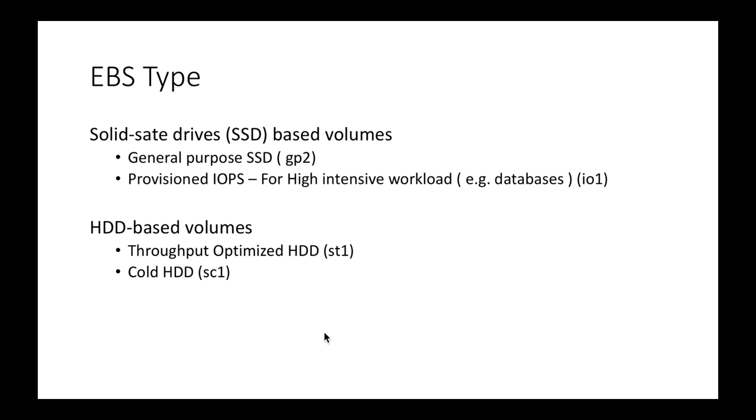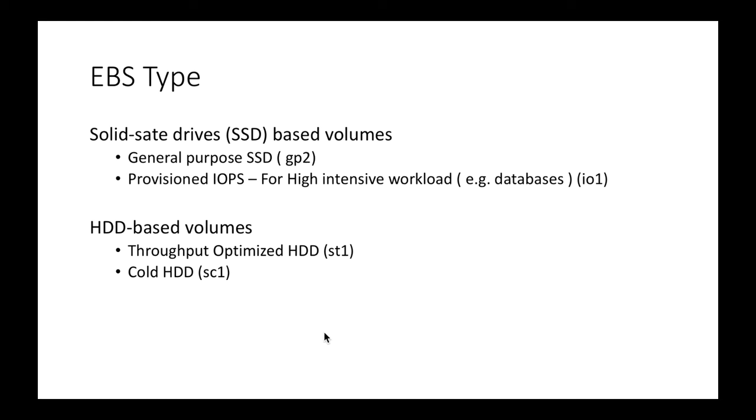It is used almost all the time, except if you have a very specific requirement around higher IOPS, like a database where you want very low latency, you're running very extensive queries, and you want very fast storage. Then you can go with provisioned IOPS.